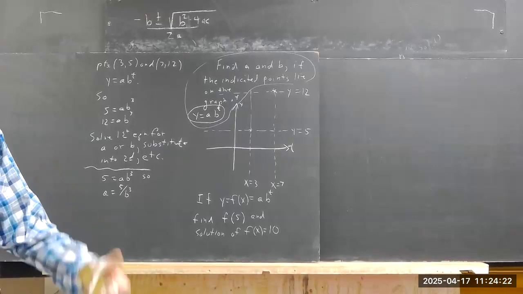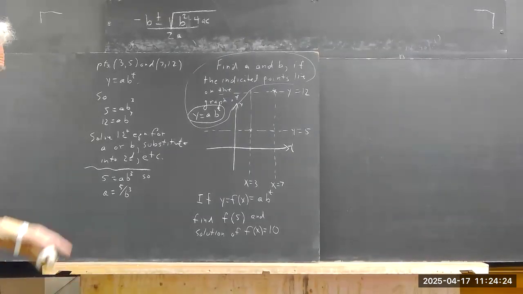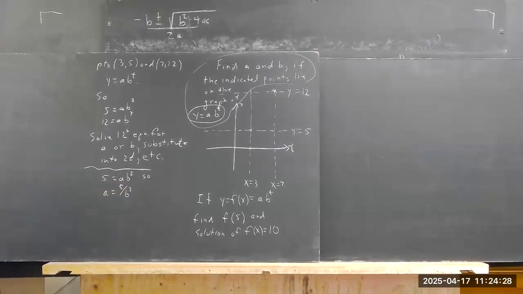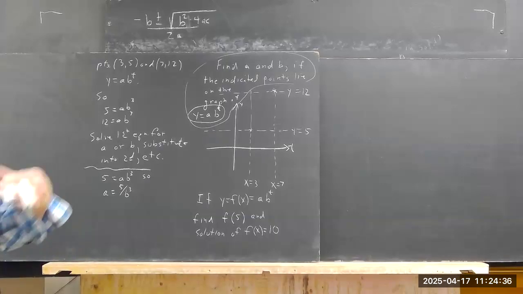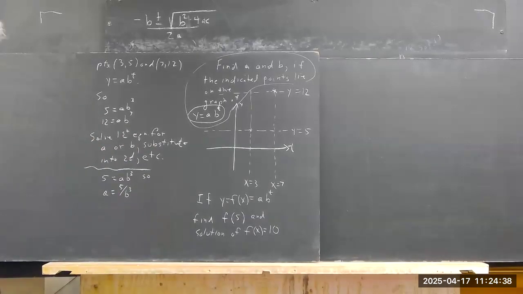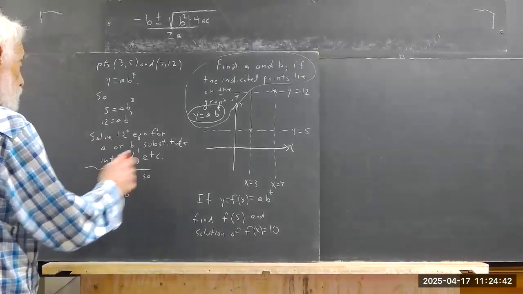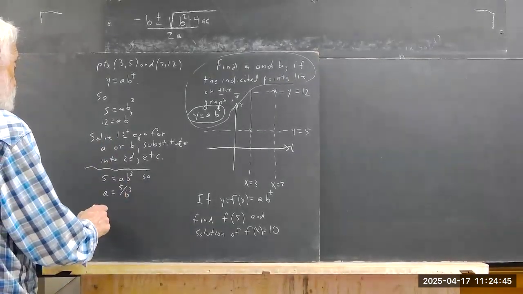You have to know your algebra well enough to know that you can get A if you divide both sides by b to the third. You should still probably write that step out because you want to be very secure with your algebra if you go on into a subsequent course. Okay. So that's done. We solve the first equation for A.